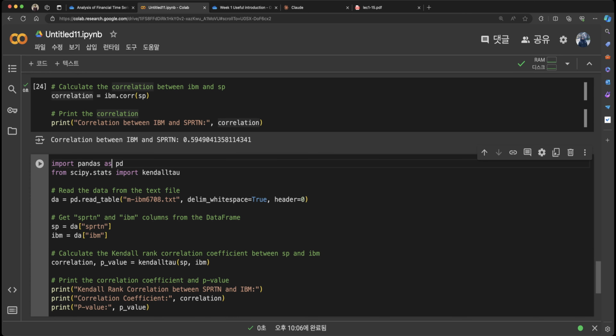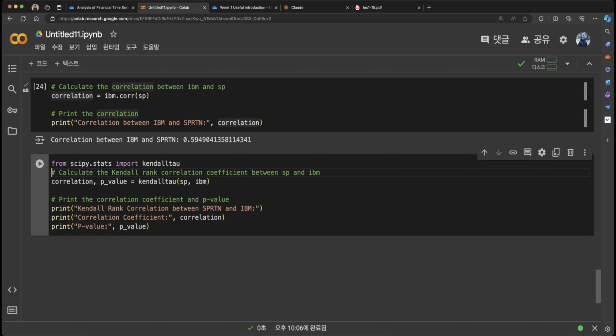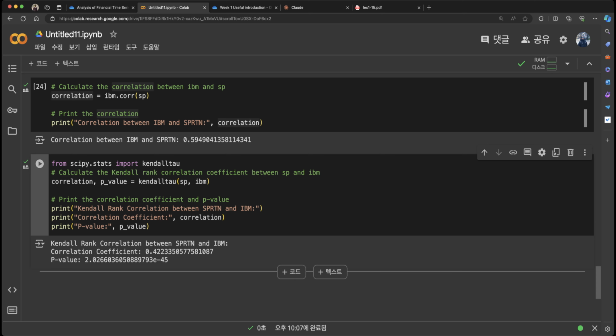I don't need this one, and we don't need this one. Okay, calculate the Kendall tau coefficient between S&P and IBM. The Kendall tau correlation between S&P return and IBM is 0.42. The p-value is very small, so there is a correlation, a strong positive correlation.